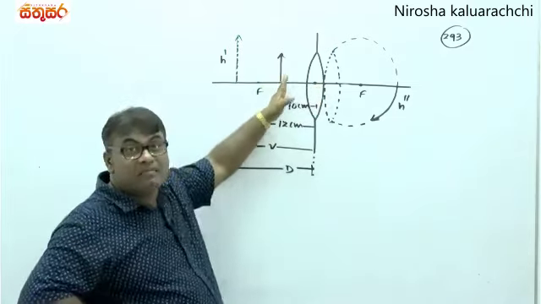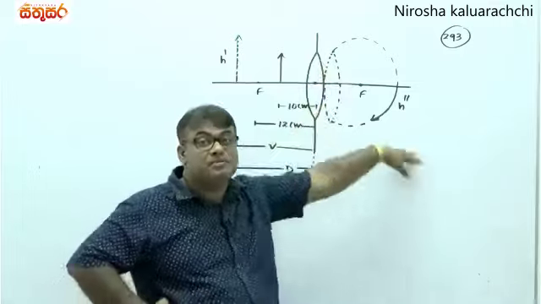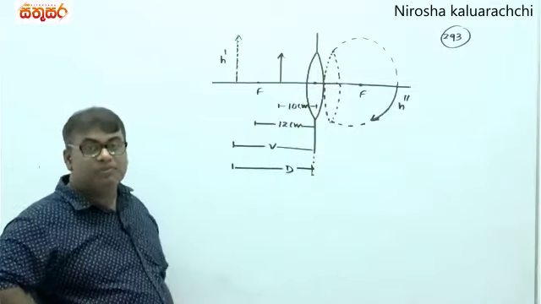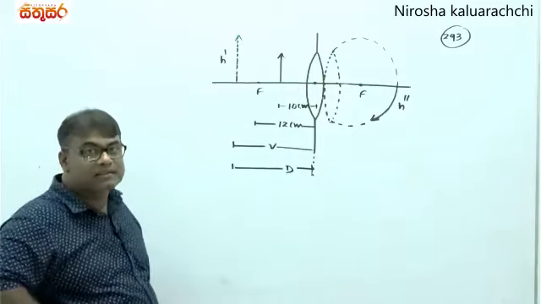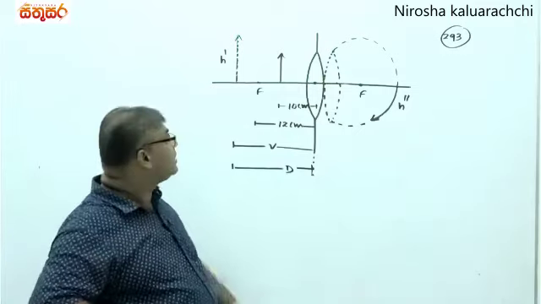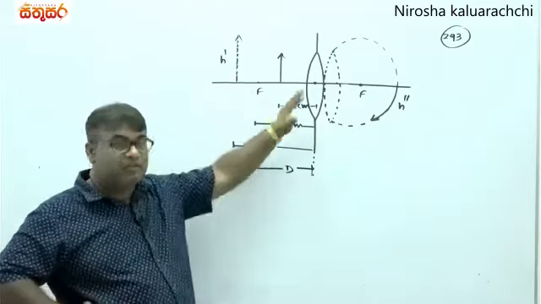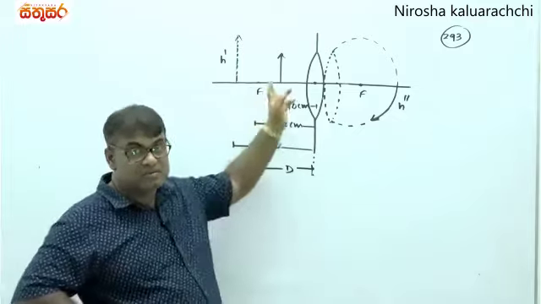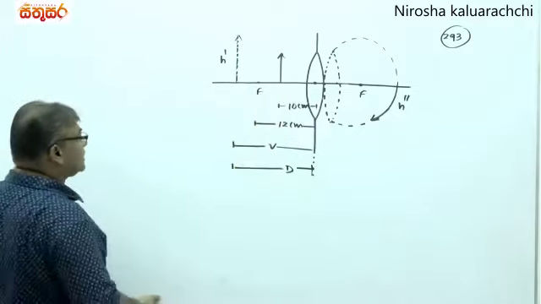Then if the object is right behind the focus, a real image will be formed on the other side. That is not the correct arrangement of simple microscope normal adjustment, right? Then definitely the object must be kept within the focus, so the larger distance should be the focal length and the shorter distance should be the object distance.